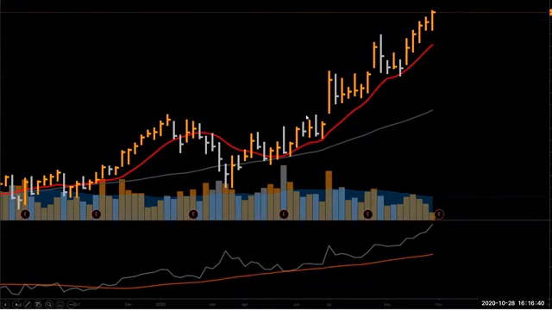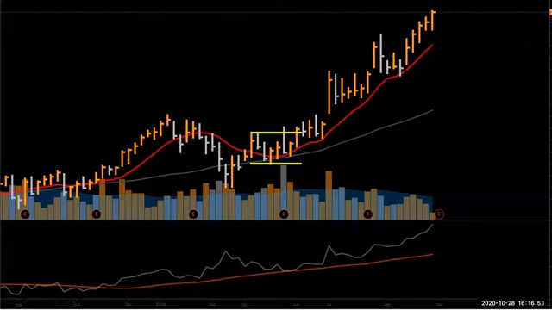So over here, so far I'm seeing this as a base. We have a very slight uptrend that started from back here.